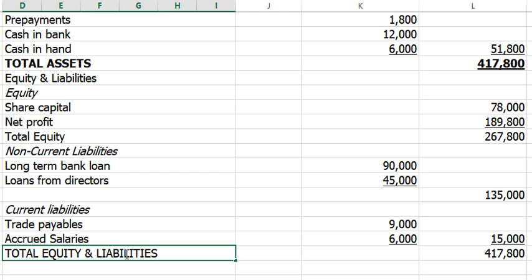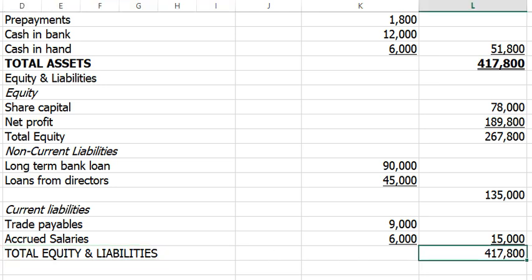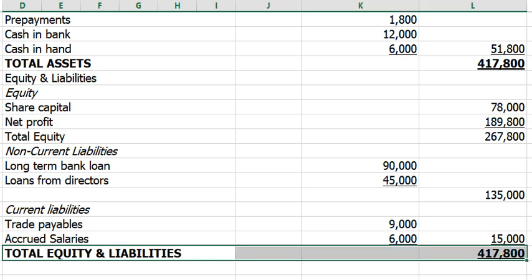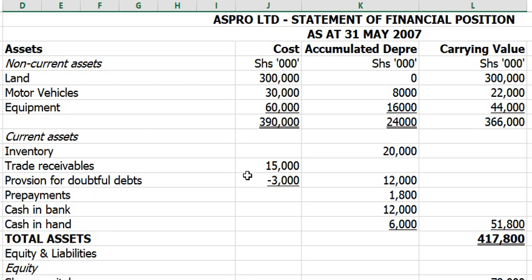Remember, when you're preparing the statement of financial position, your total equity and liabilities should be exactly the same as your total assets up there. We prepare this balance sheet following the accounting equation, which states that assets should always equal liabilities plus equity. So this is our statement of financial position for this Aspro Limited.